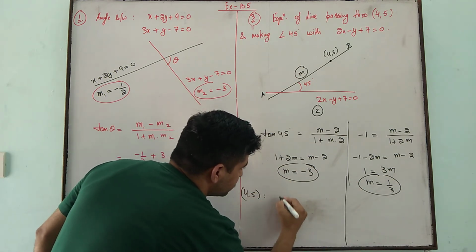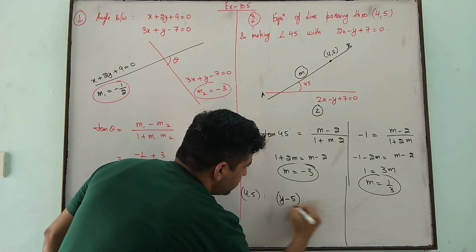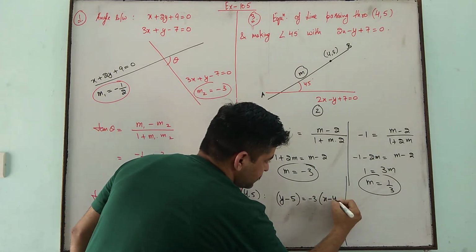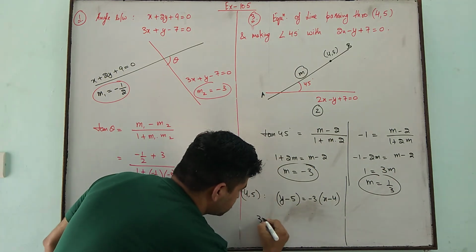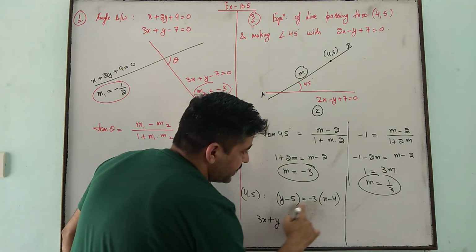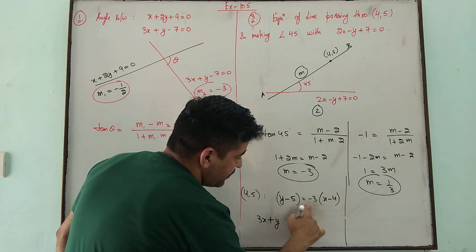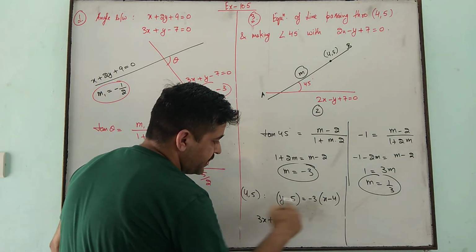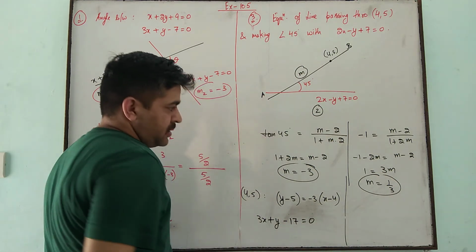So the equation is y minus y1 equals slope times x minus x1. That is 3x plus y minus 5 minus 12. This is plus 12, here it will be negative.